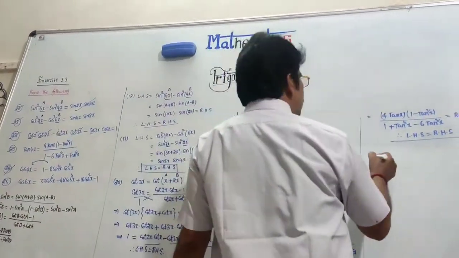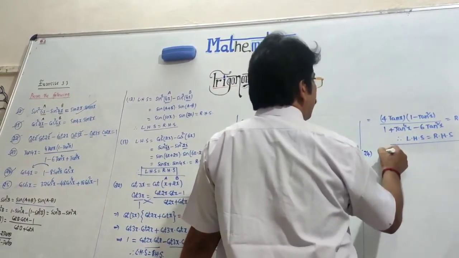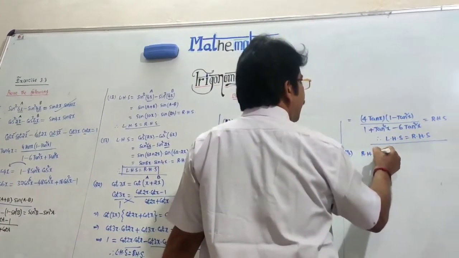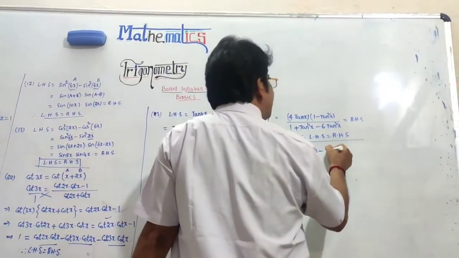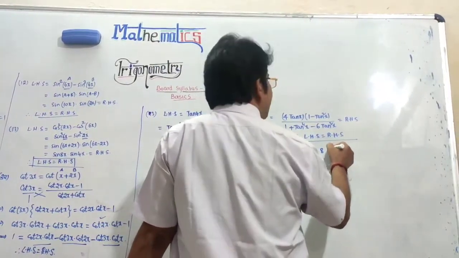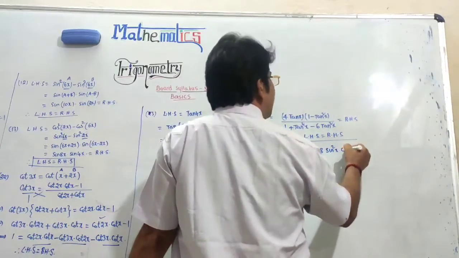So therefore, question number 24. First, let us consider the RHS side. Sometimes for easy showing, we are taking RHS to LHS.